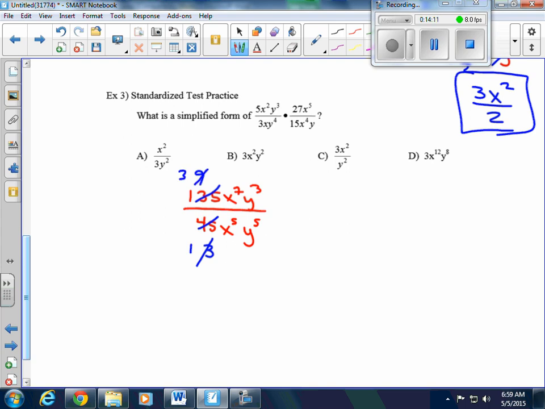So we could have taken 45 out of all those. So we're going to have 3 over, and I have x to the 7th over x to the 5th. So those are going to cancel out, and I'm left with x squared. And then I have 3 in the top and 5 in the bottom. So I'm going to have 2 left in the bottom. So I'm going to have 3x squared over y squared, and that is C.